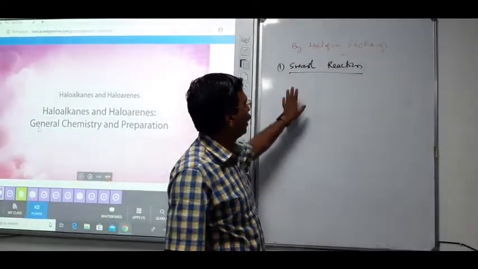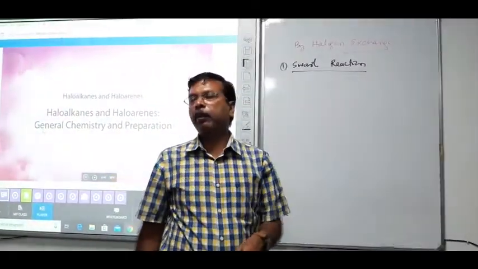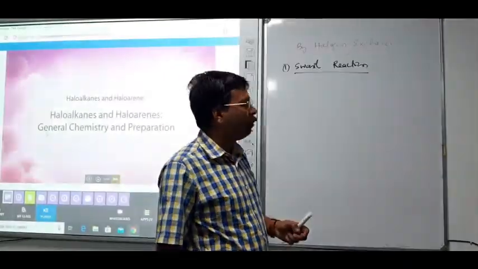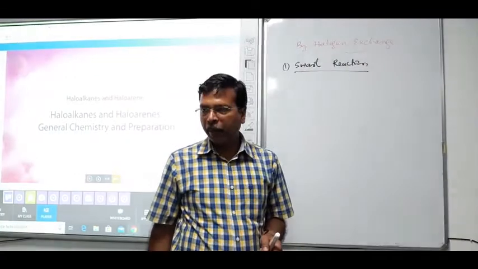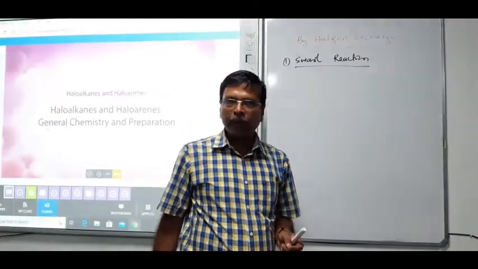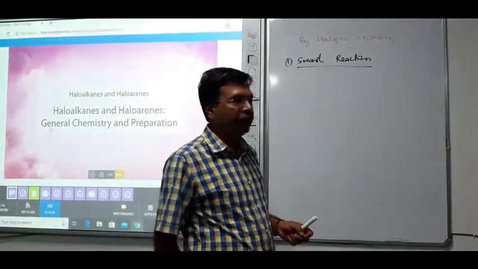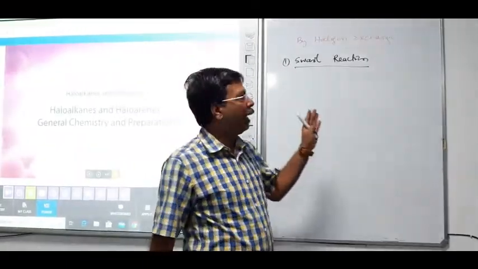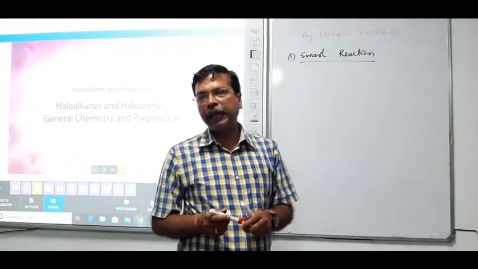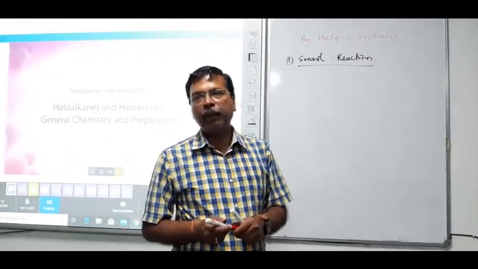In Swarts reaction, what happens? The alkyl chloride or bromide can be converted to the fluoride when treated with metal fluorides like silver fluoride, the mercurous fluoride, antimony fluoride you can take, cobalt fluoride you can take. So when the alkyl halide, particularly chloride or bromide, is treated with the metal fluoride, we get the corresponding alkyl fluoride.